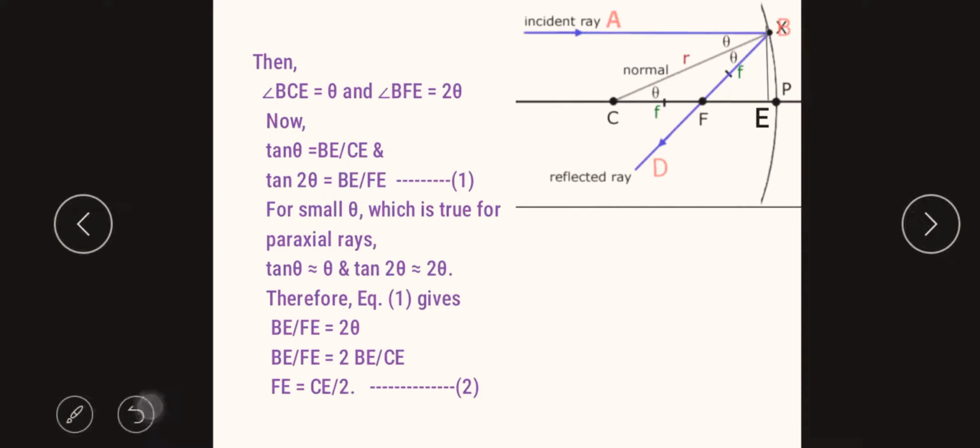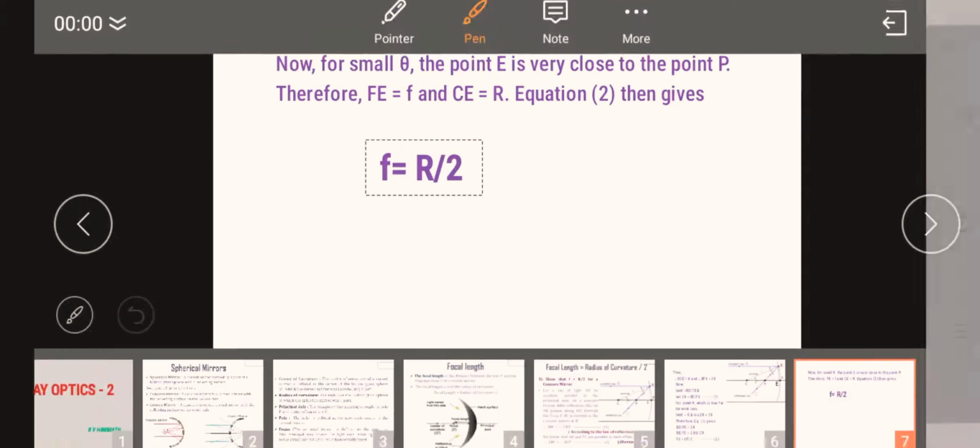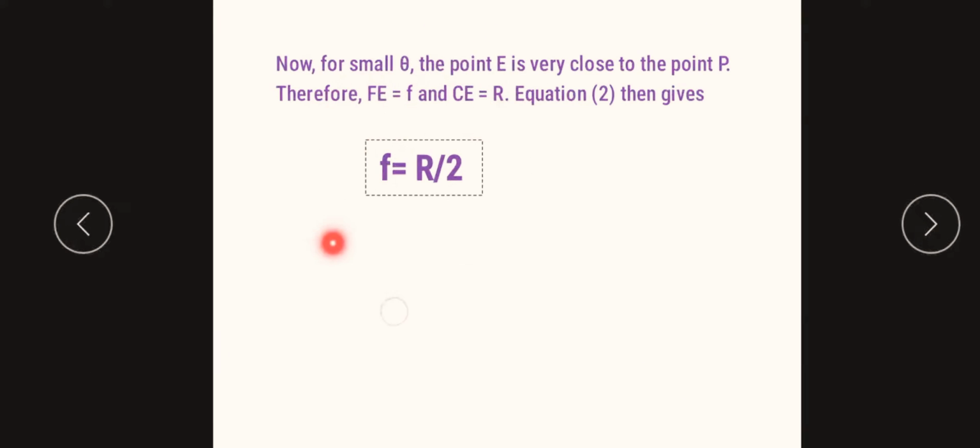That is, the distance between the center of curvature and the focal length is equal to the radius of curvature, and the focal length f is equal to R divided by 2. So f equals R by 2, or R equals 2f. This is the relation between focal length and radius of curvature.